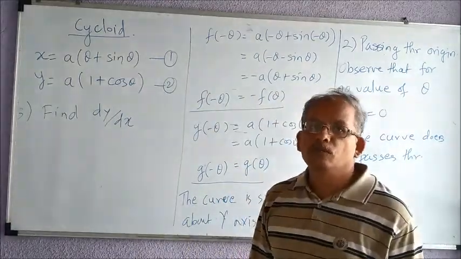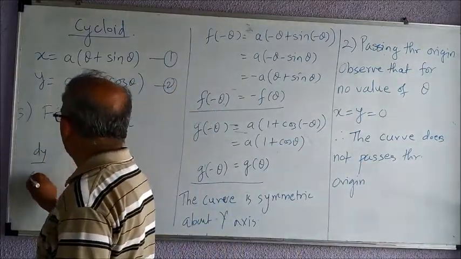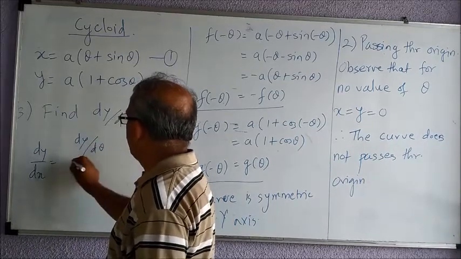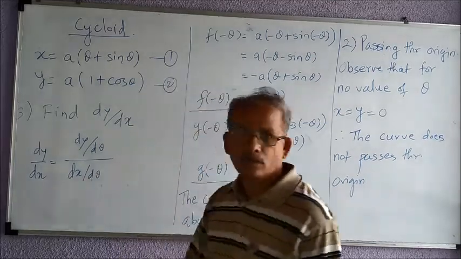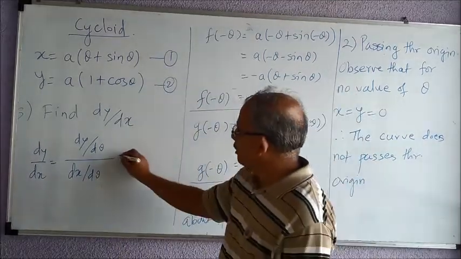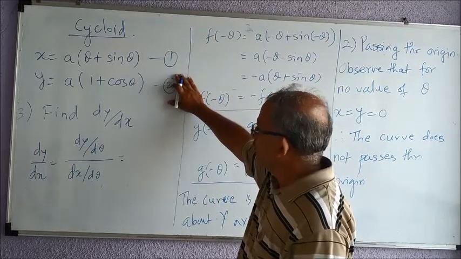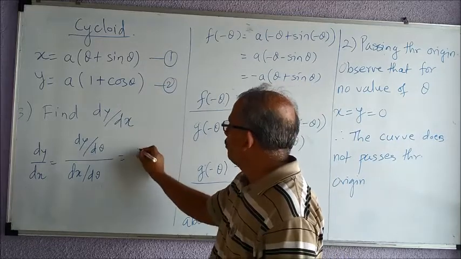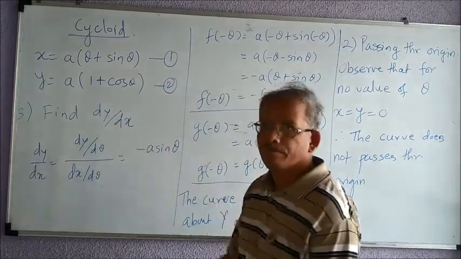So what is the formula for dy by dx? It is dy by d theta divided by dx by d theta. And what is dy by d theta? That is obtained by differentiating equation number 2 with respect to theta. So it will be minus a sine theta.